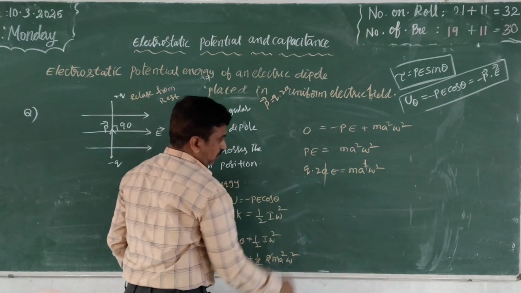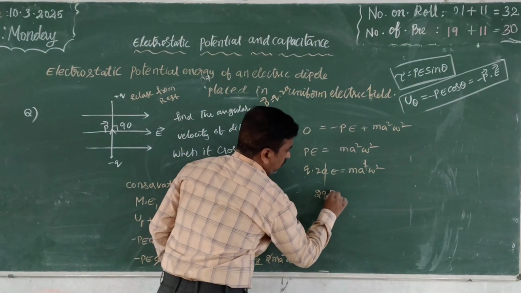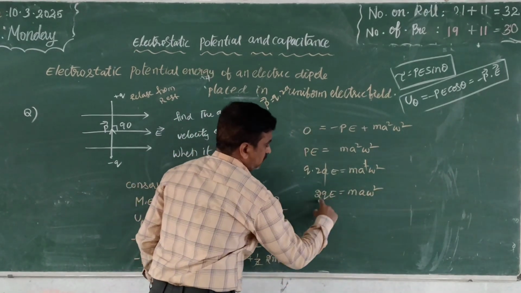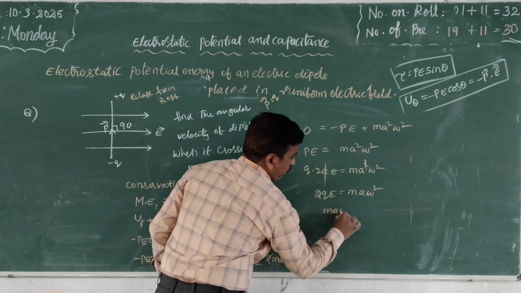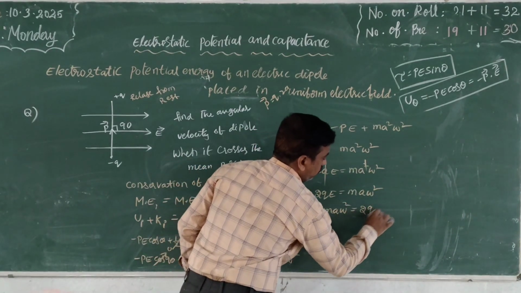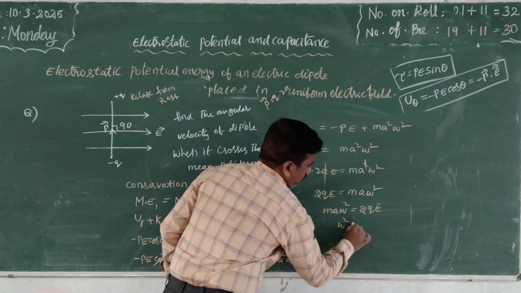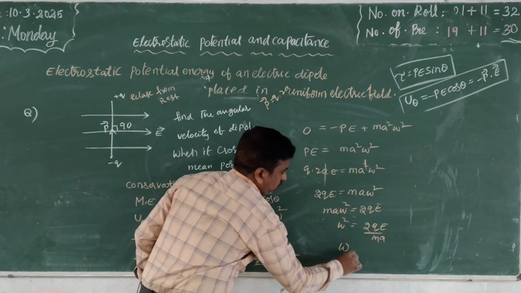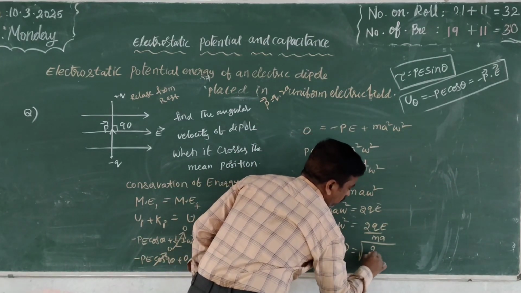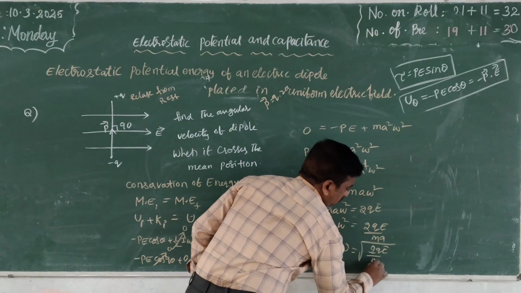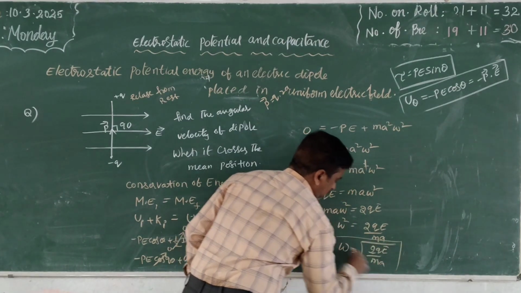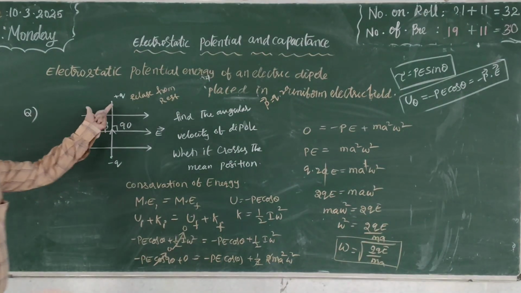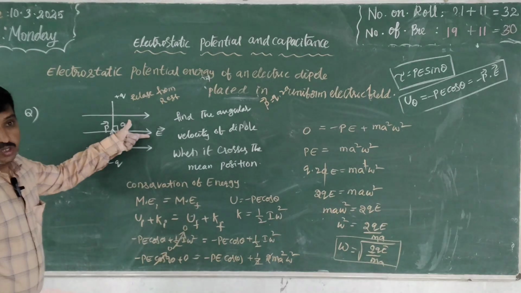The a cancels, and we get 2QE equals m a omega square. So m a omega square equals 2QE, omega square equals 2QE by ma, and omega equals root of 2QE by ma. It is the angular velocity of the electric dipole when it is released from the vertical position to the equilibrium position.